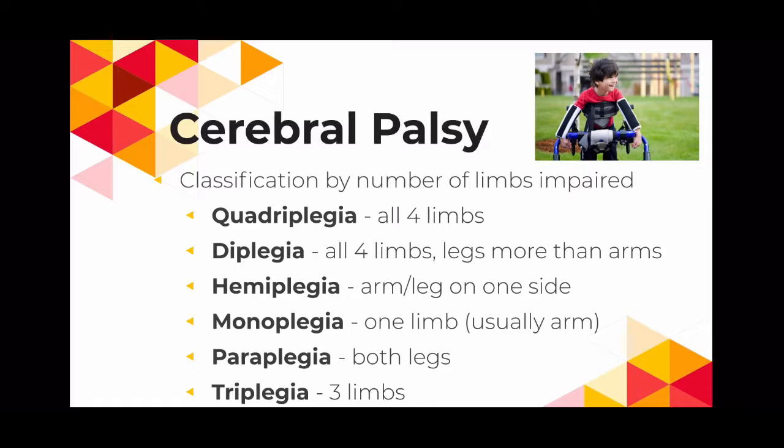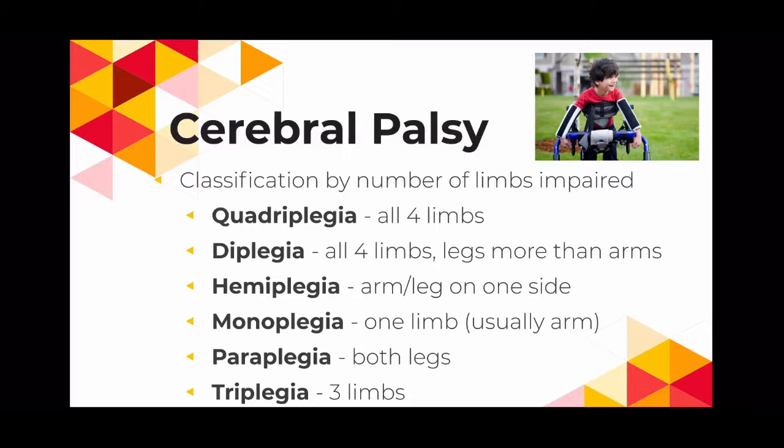So you have to remember that all four limbs are involved, but two of the limbs are fully paralyzed. Hemiplegia, we've already talked about, would be an arm and a leg on one side of your body, so like your left arm and your left leg. Monoplegia, that prefix mono means one, so this means that there is one limb affected, and it's usually an arm.